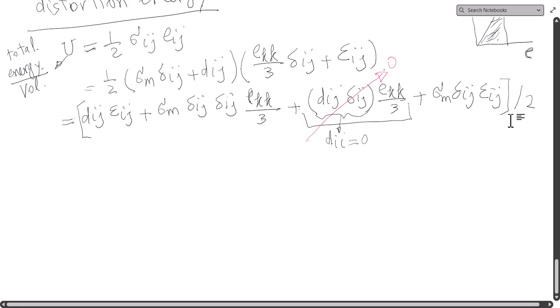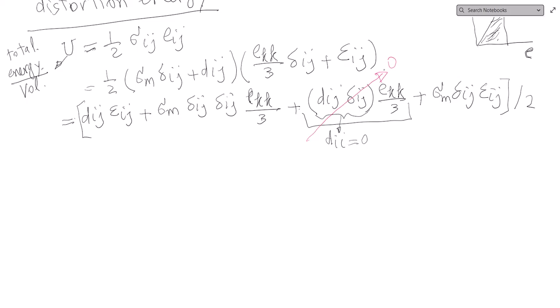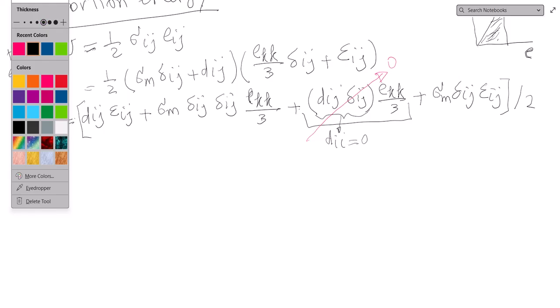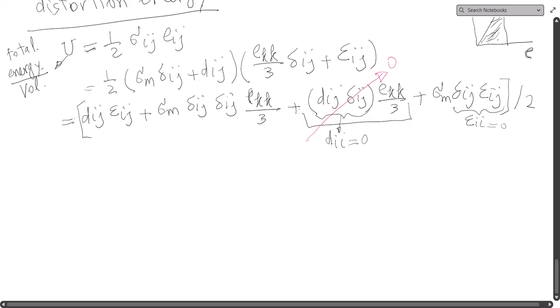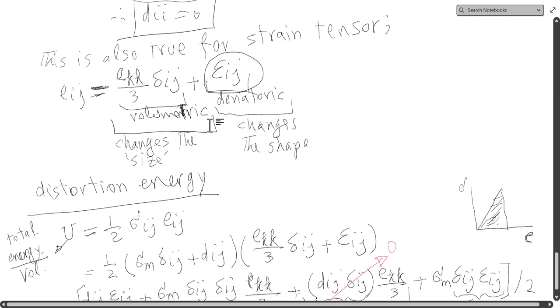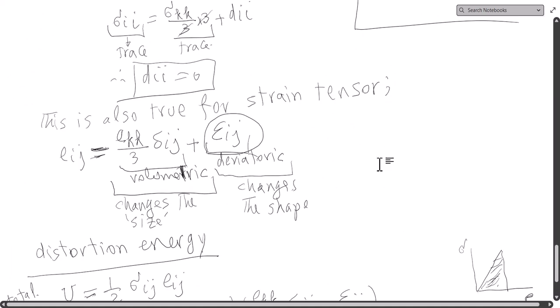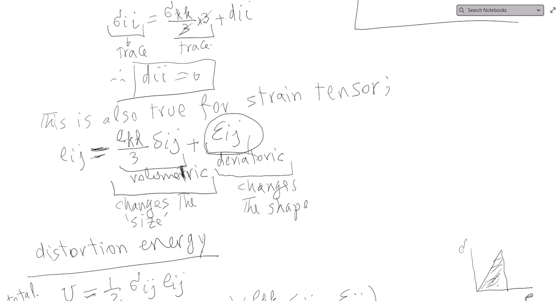How about this term? Well, if I change color, if you look at this one, this is also epsilon_ii, which is 0. We already showed that, did we? No, we didn't. So let's do it quickly.